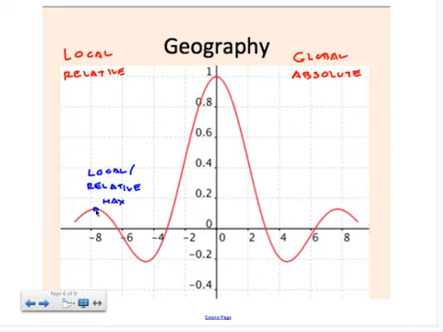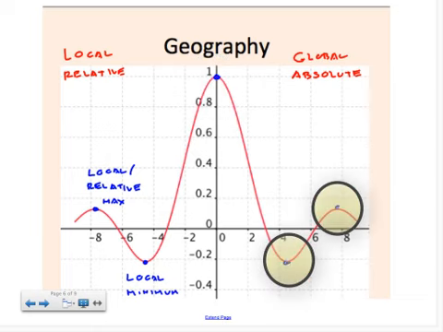So it's a local maximum or relative maximum. Similarly, down here, in a neighborhood, this would be considered a local or a relative minimum. Obviously, this would also be a local maximum, this would be a local minimum, and this would be a local maximum.